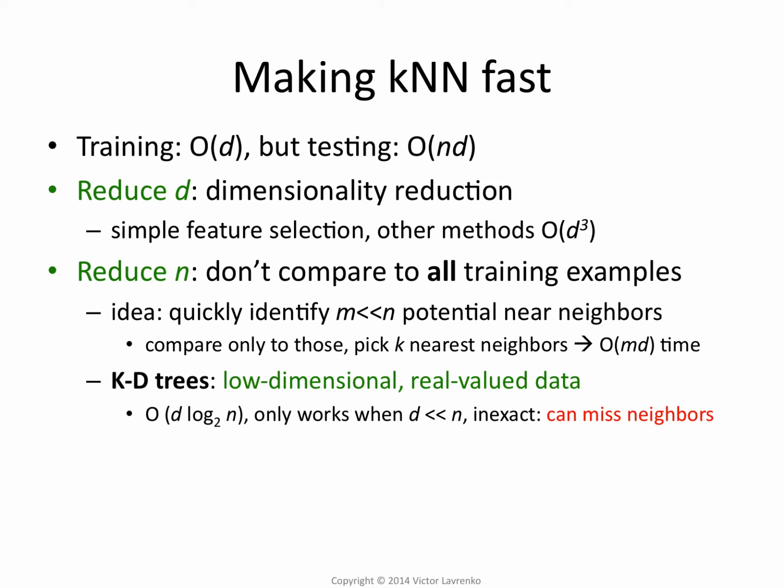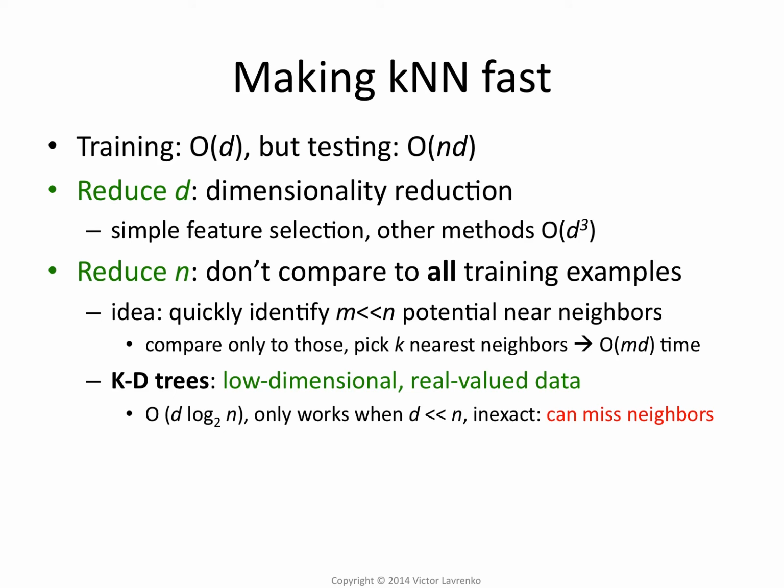KD trees is appropriate if you're working in a low-dimensional and continuous space. It allows you to find m potential nearest neighbors. So if your instances have relatively few attributes, think a couple dozen, so 10, 20, 30, and they're all real valued, so the data is not sparse, it's dense and it's low dimensional, KD trees are a good technique for that.